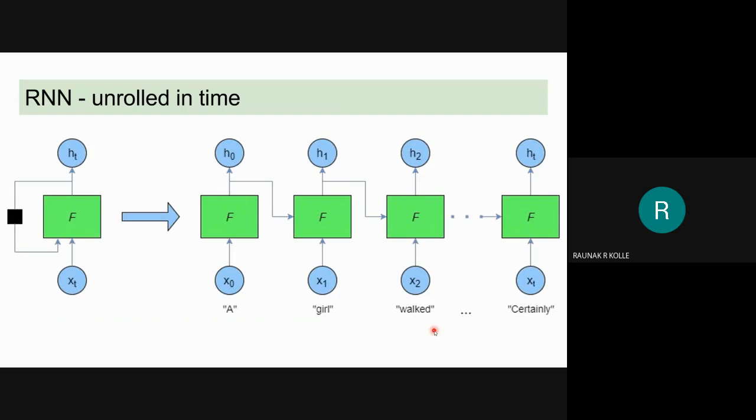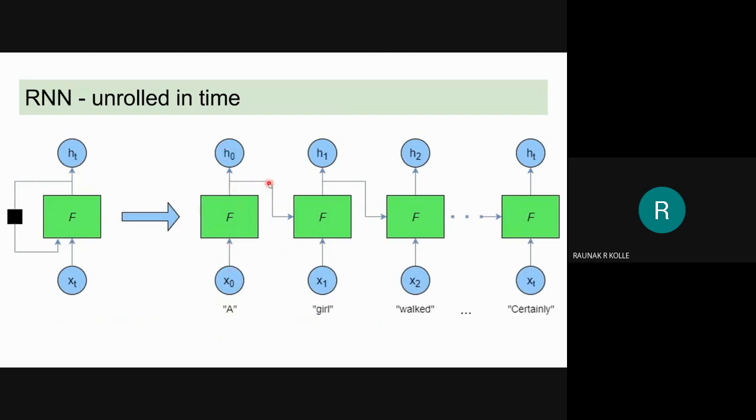RNN unrolled in time. So we have the function here with the input xt and the output ht, where a part of the output is given to the black box and which is reiterated back into the function. This can be elaborated as follows. When x naught is a, the vowel, or rather the article a, is given as input and it produces an output.